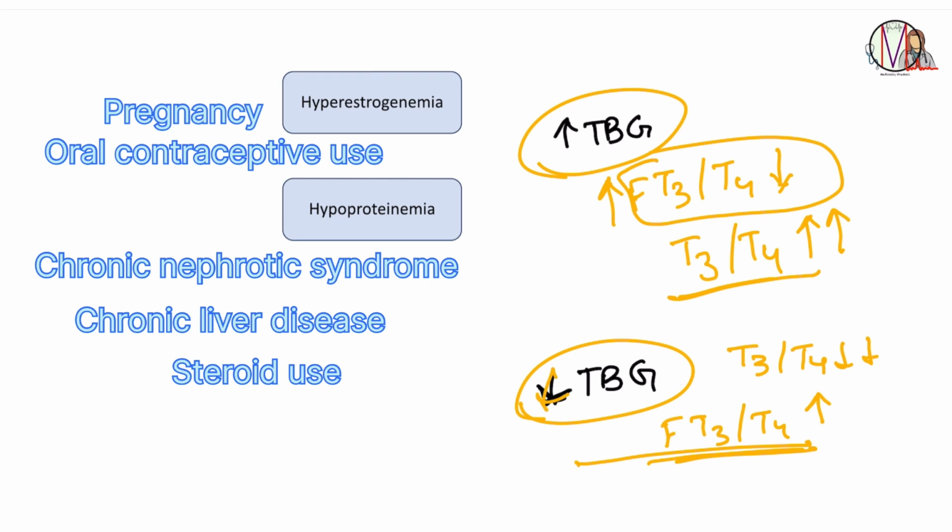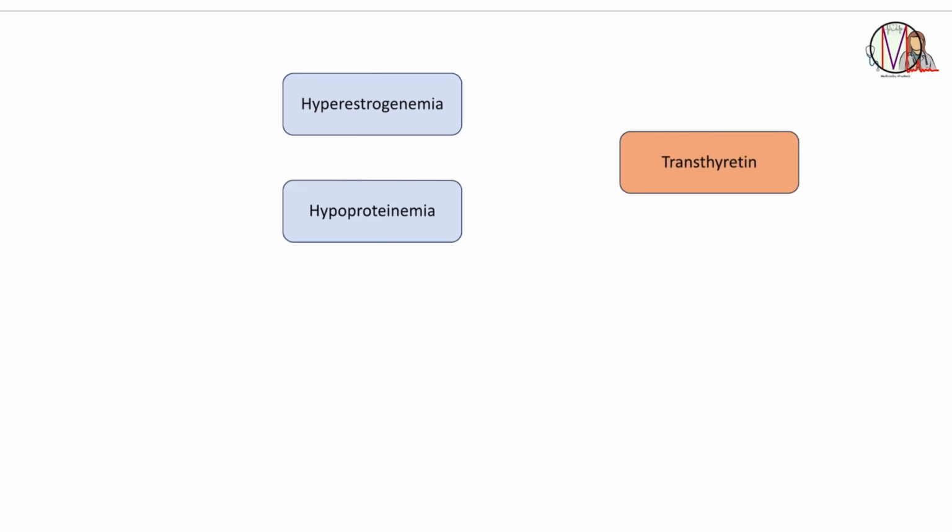TBG transports the majority, about 2/3 of the T3, T4, whereas there is another transporter protein synthesized in liver, that is transthyretin, that delivers thyroxine and retinol.